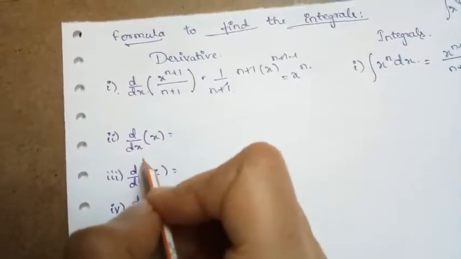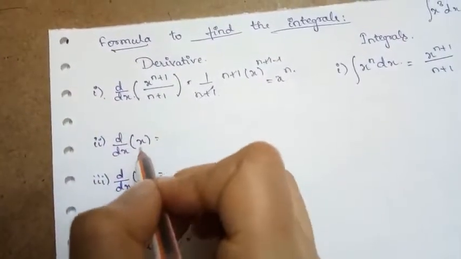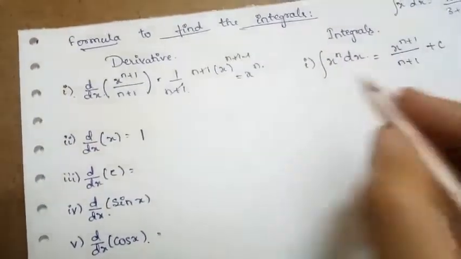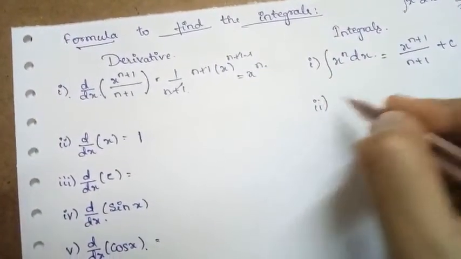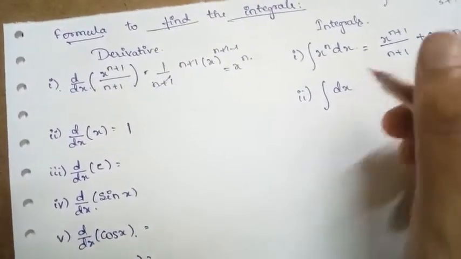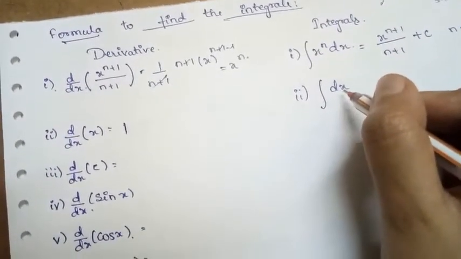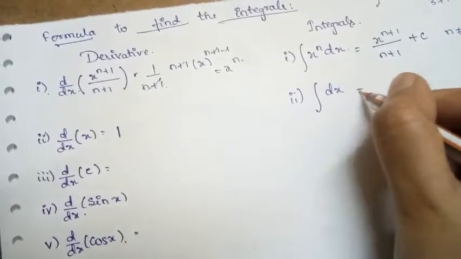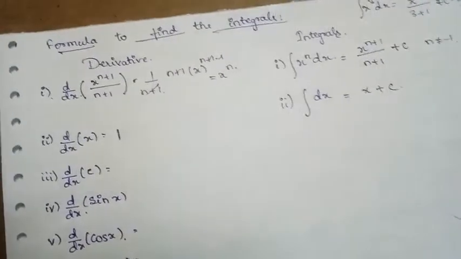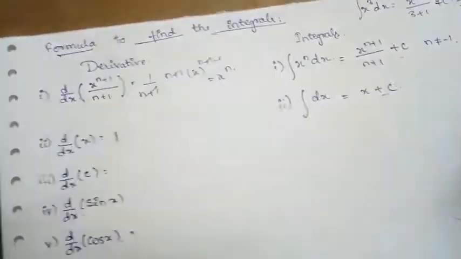Now next, the differentiation of x with respect to x is always 1. So clearly, the integration of 1 with respect to x is always equal to x plus c. This c is an integration constant.